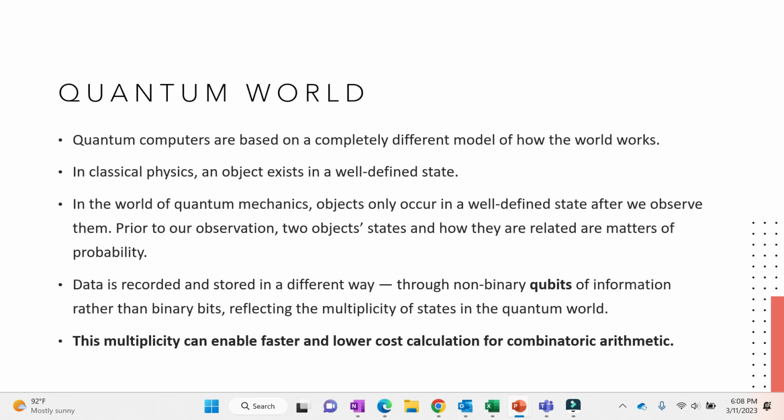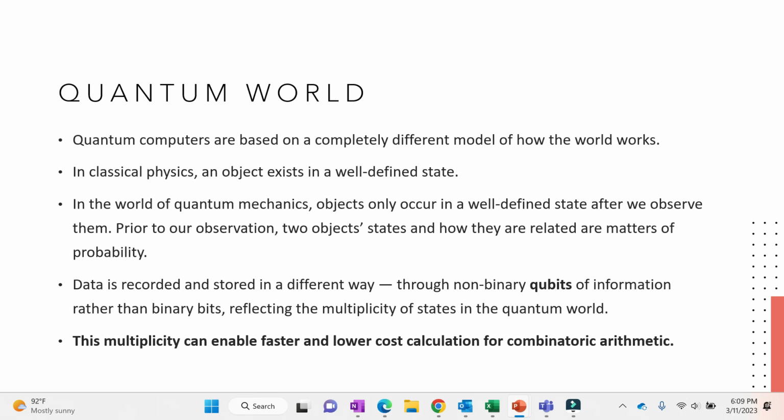So the way data is recorded, stored, and processed here is very different from how traditional computers do it. With our traditional computers, we talk about bits and bytes, so the state of a classical computer is either a 0 or a 1, and combinations of 0s and 1s are used. But quantum computing works on something non-binary. It's not 0 and 1, because, as I said, a quantum mechanical object can exist in multiple states.